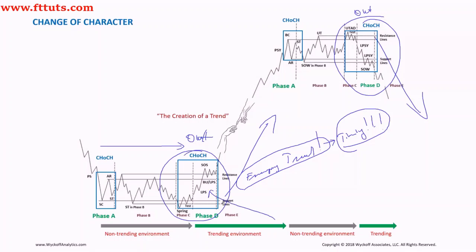We want to find the moment where accumulation has been either concluded or is in the last stages of conclusion, and therefore in the last stages of absorption of whatever supply is available at that point in time. And the price and the volume start to show a different behavior.